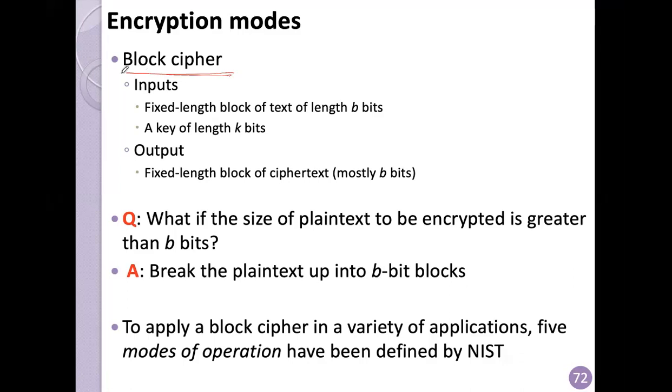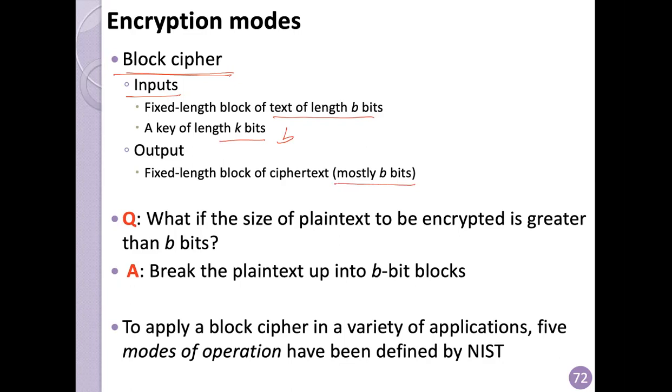If you remember, when we defined block cipher, we said that block ciphers take inputs, both plain text and key, in a fixed length, let's say B bits. Sometimes the key is different, might be less or more, but in some of them the key is also B bits, and the output is also going to be generated most of the time with the same number of bits, B bits.